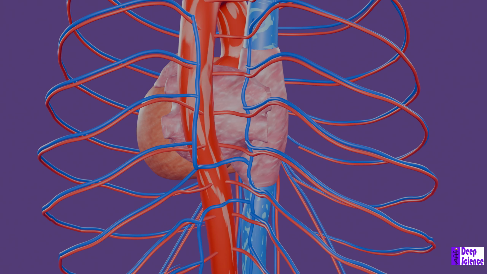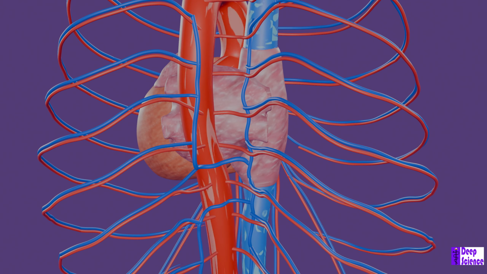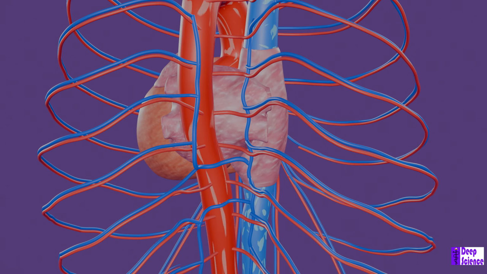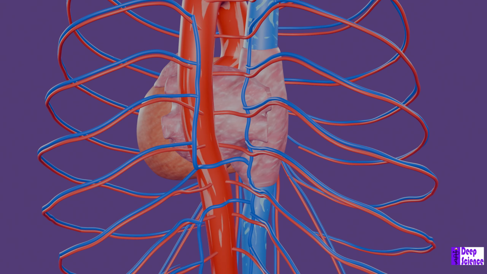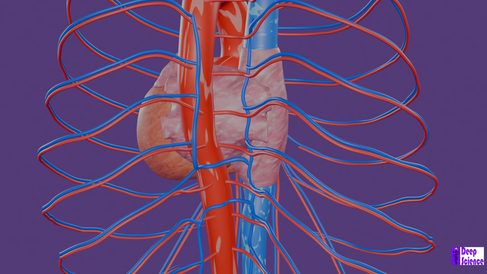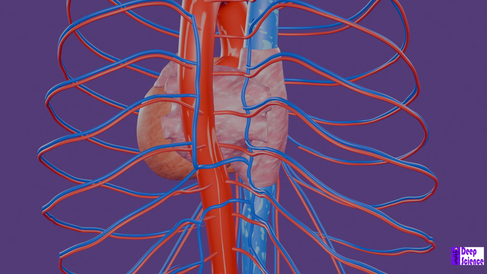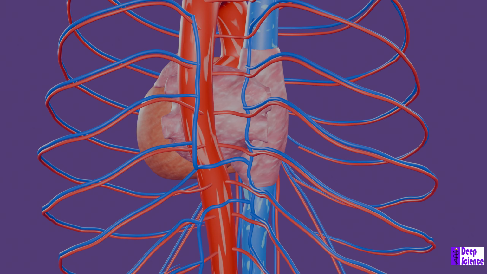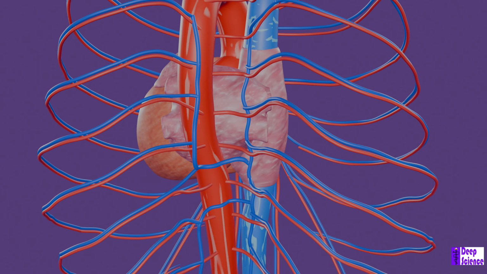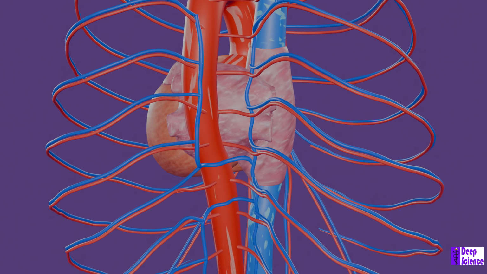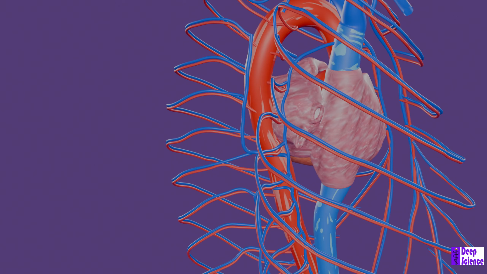If we concentrate on the thoracic region, we can see many tributaries of the azygous vein. These are draining the spine, intercostal muscles, and the posterior wall. The azygous vein receives all this blood and drains into the great blood vessel, the superior vena cava.